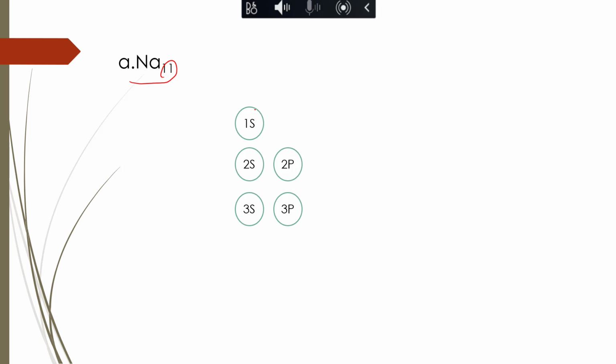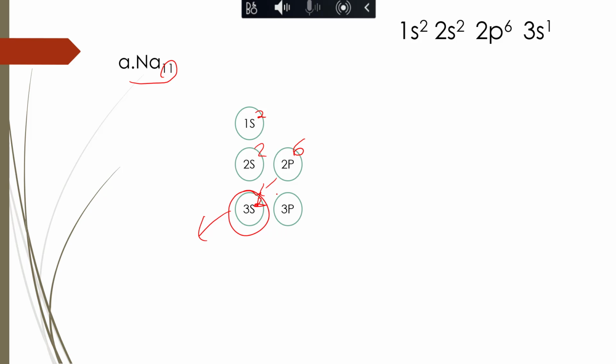Let's go to the first question, which has atomic number 11. So we use this diagram. I have 11 electrons, so I fill the subshells: first s is 2, and then 2p is full with 6, and I already have 10 electrons filled in the subshells, so I still have 1 left, which follows the arrow.